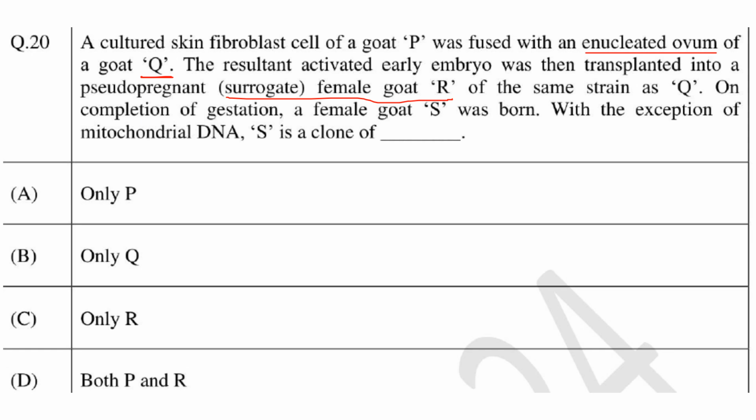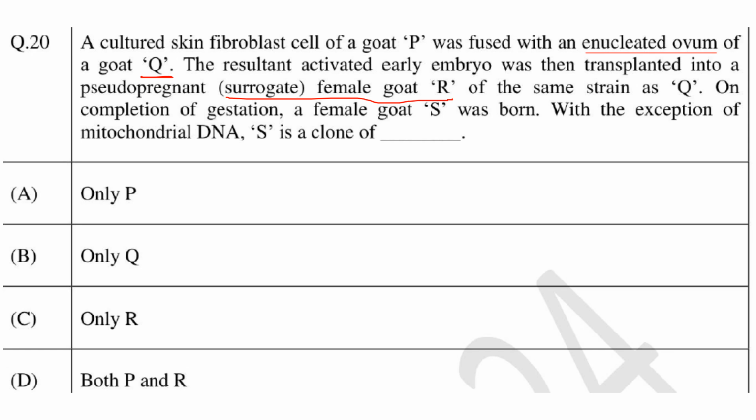But Q supplies the mitochondrial DNA because mitochondria are present in the cytoplasm of the egg cell. So Q is the supplier of mitochondrial DNA, not nuclear genetic material. Now R is a surrogate mother, so it doesn't contribute any genetic material to the offspring.